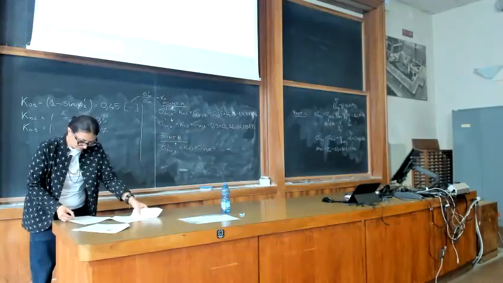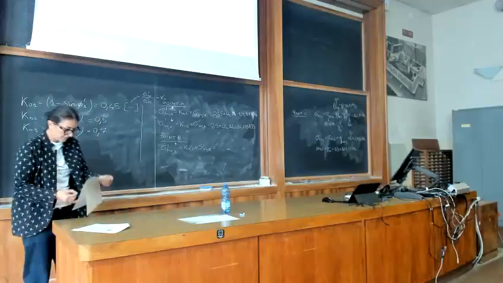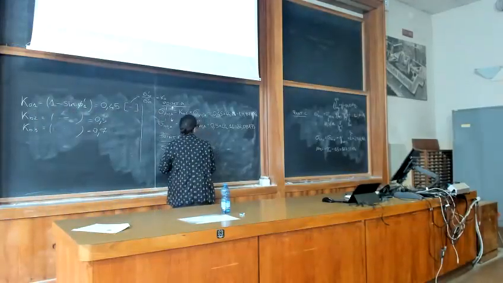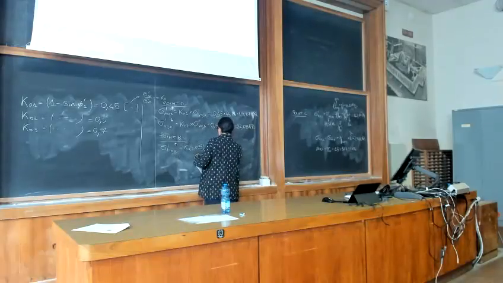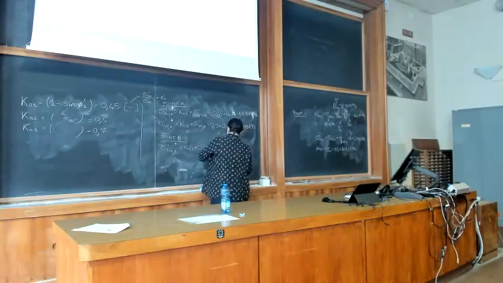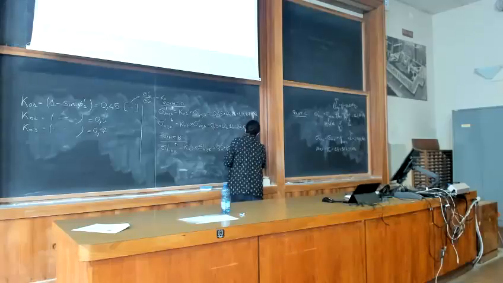Yes, point B, 0.5 multiplying 88.31. You obtain 44.15 kPa.